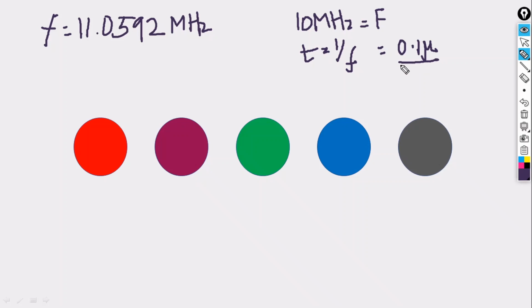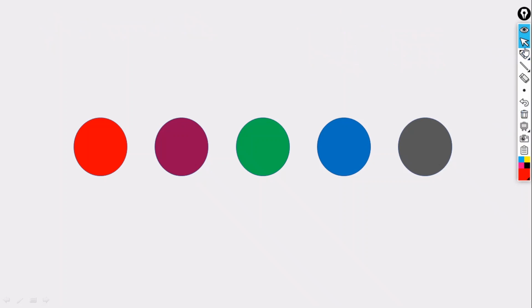It takes only 0.1 microsecond of time. The switching is so fast that our bare eyes cannot recognize whether it is switching on or off. So that is the reason we are not able to make out whether the switching is happening or not.